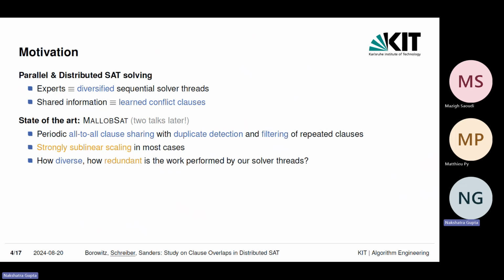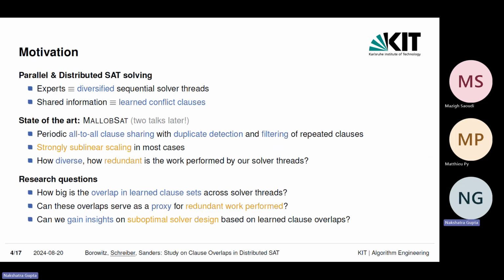And one question we asked ourselves is, how diverse, or in other terms, how redundant is the work which our solver threads are performing? So we looked for a metric which might capture something like that. And now what we try to answer is, we wanted to explore the overlaps in the learned clause sets across our solver threads.